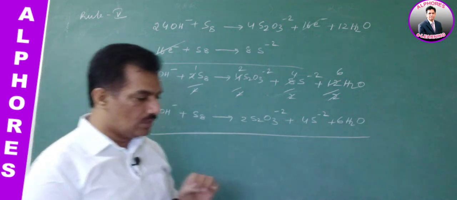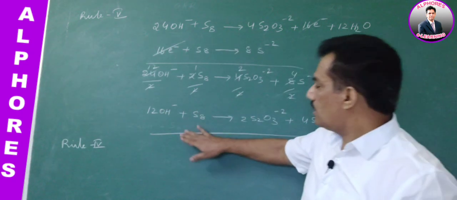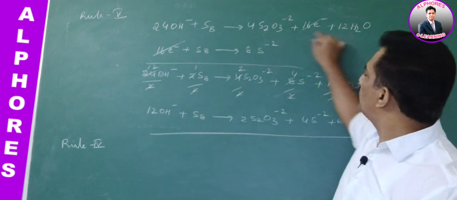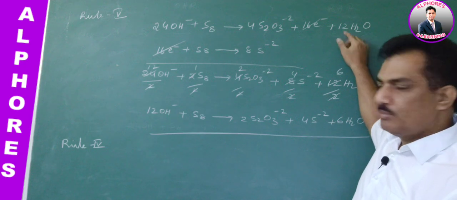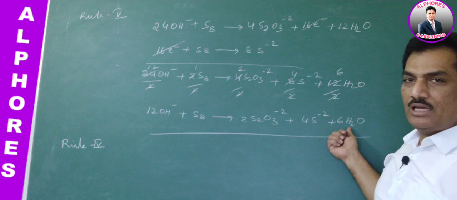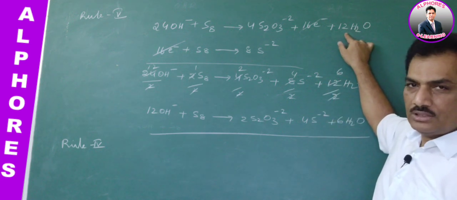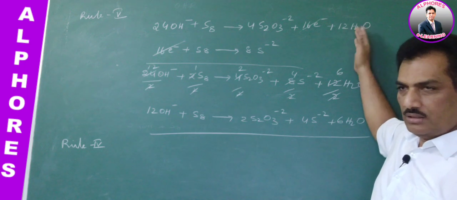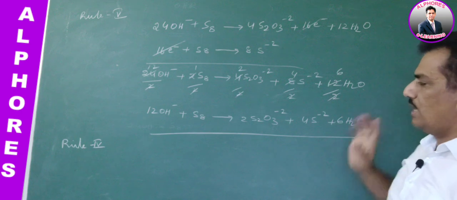The only mistake was that after writing the equation I forgot to write this 12H2O. But when I observed that oxygen was not balanced, I recollected that I forgot to write this 12H2O on this side. That's why I wrote that one, and thereafter I wrote the exact balanced equation.